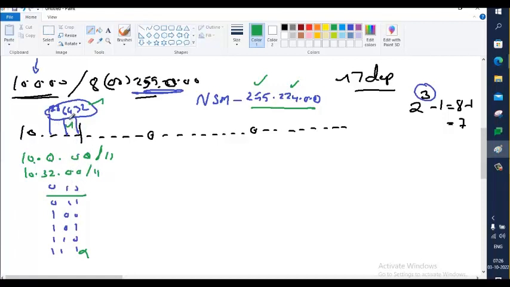What is the value of the second bit? 64. So 10.64. And then these two bits are on, which means 96, 64 plus 32. 10.96.